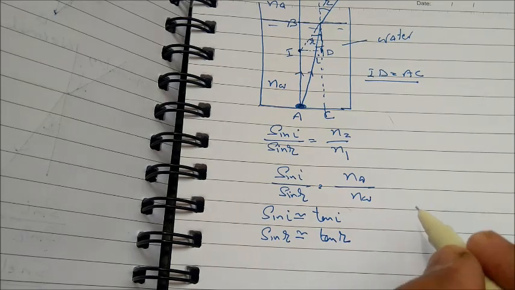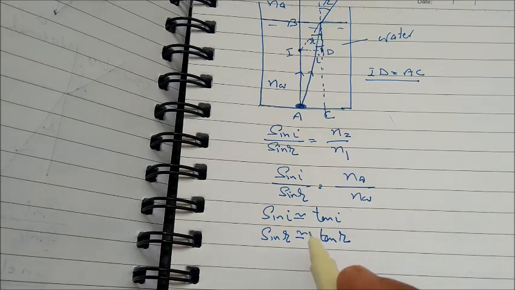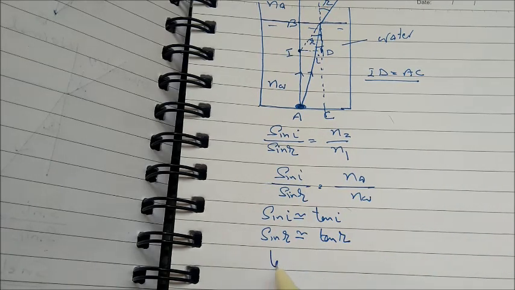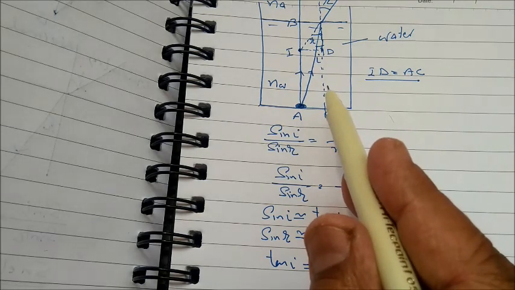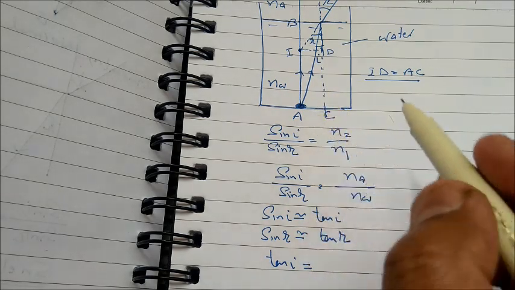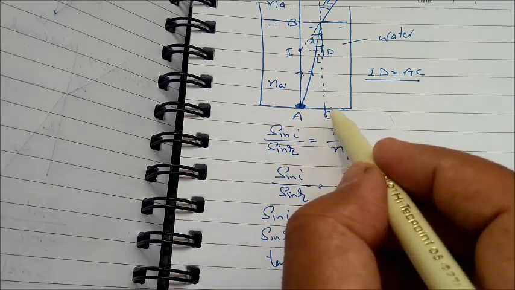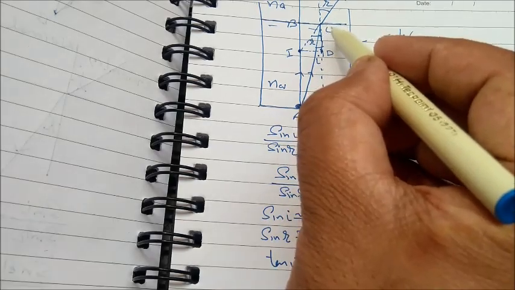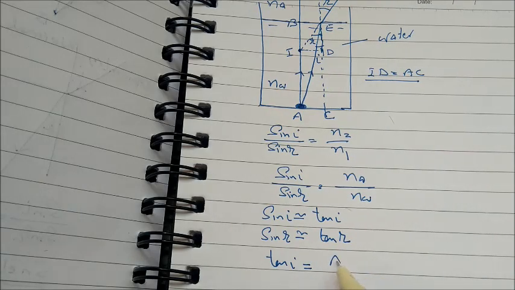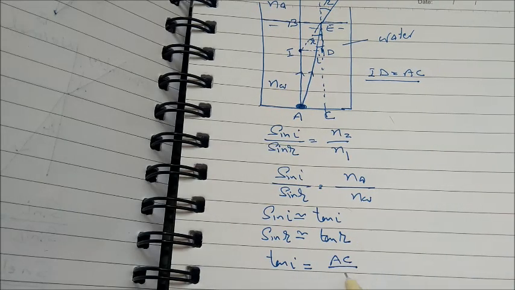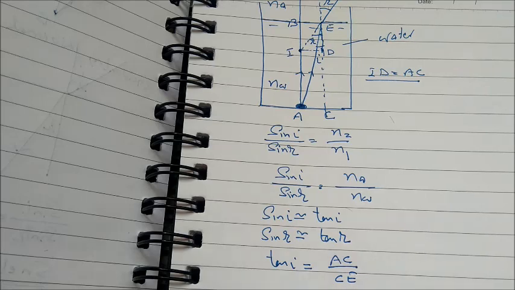Okay, what is tan i? Just see from this diagram, tan i is perpendicular upon base. Let me take this point as E. So it is AC upon CE. And what is tan r?